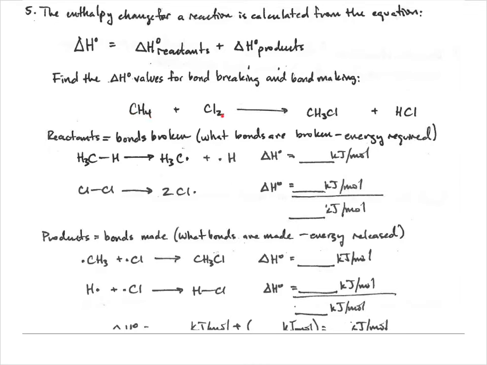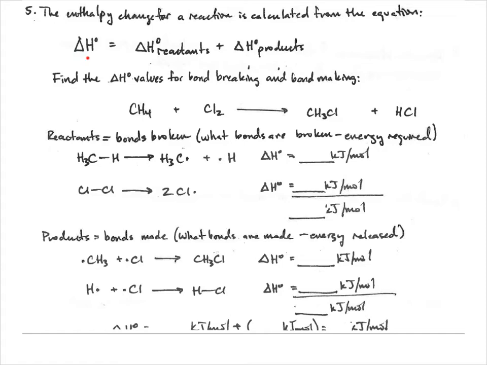We're treating it with chlorine. We're forming chloromethane plus HCl. So we want to find the enthalpy change. This is a term you're going to see in chapter 6, enthalpy. So we're really only considering part of the Gibbs free energy equation at this point.